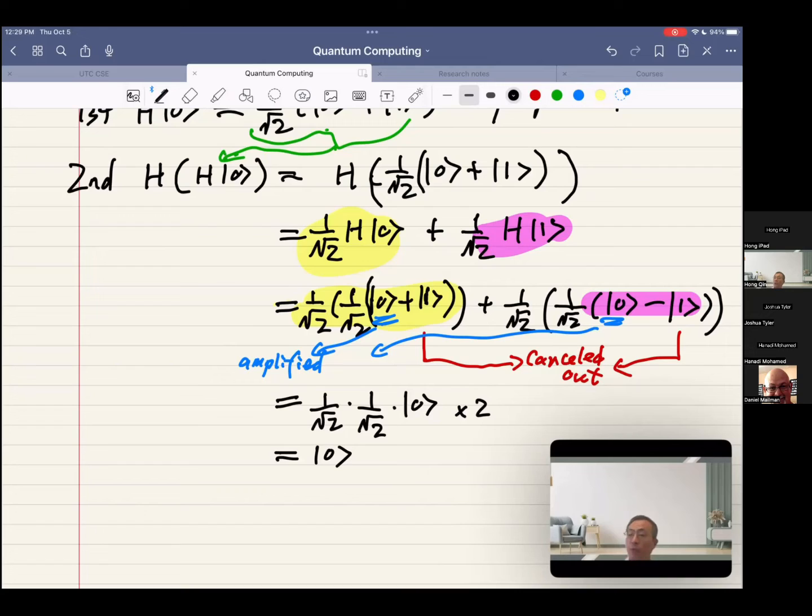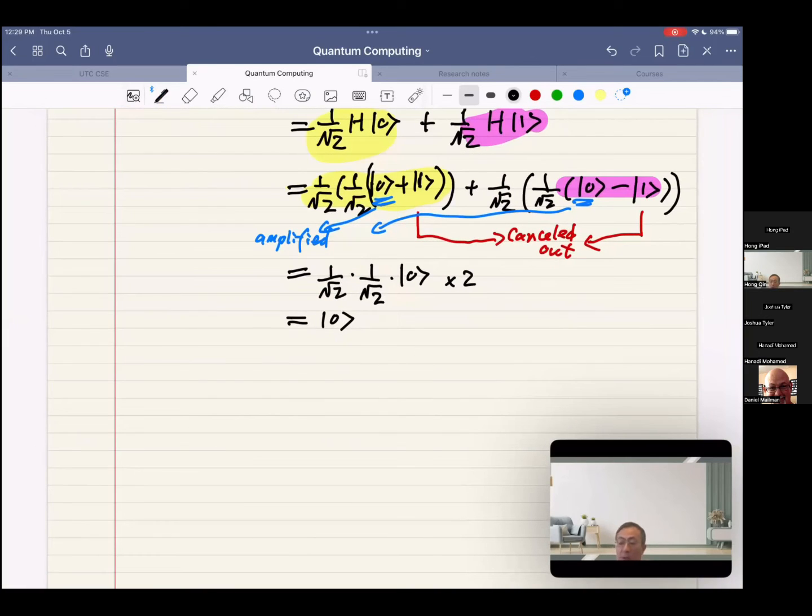So there, we found out why the Hadamard gate on cat 1 has a negative sign. More on that one. Why is the Hadamard gate on cat 1 minus cat 1?